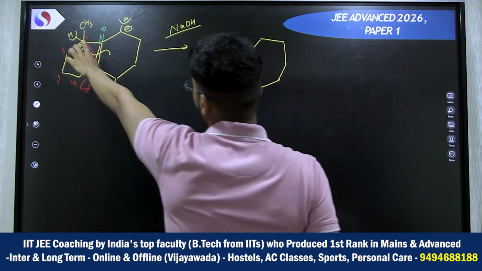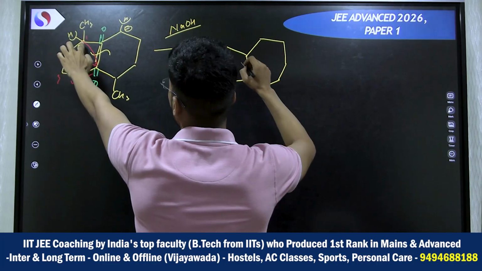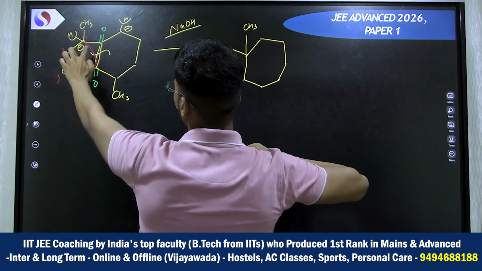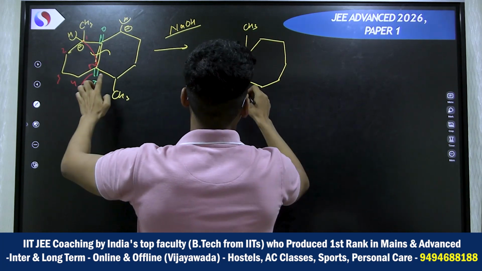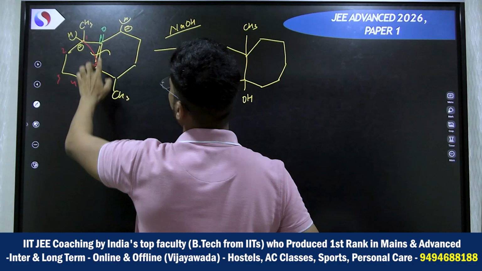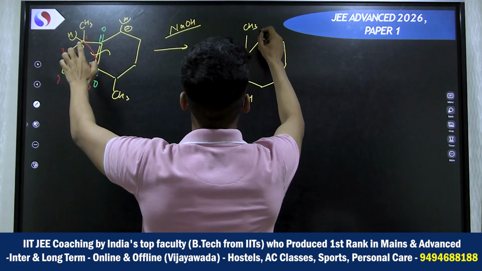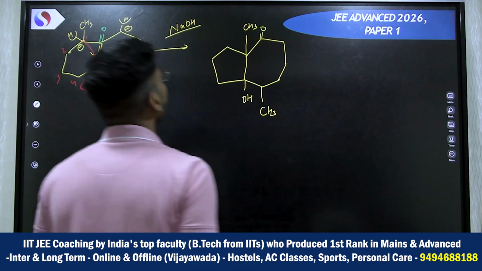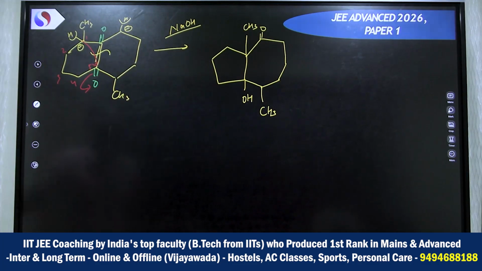Okay. At position number 1, there is a CH3 group. At position number 5, there is an OH group. Next to this, there is a double bond O. Next to this, there is a CH3. So now match this. Which option is correct?